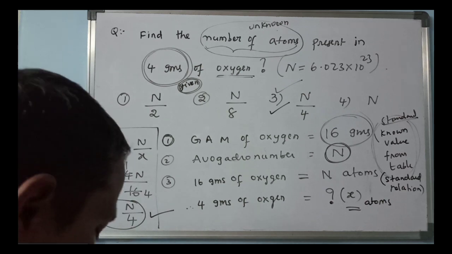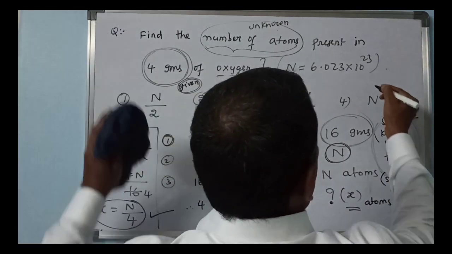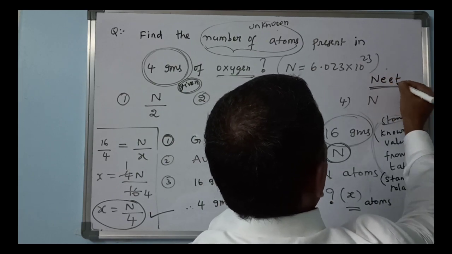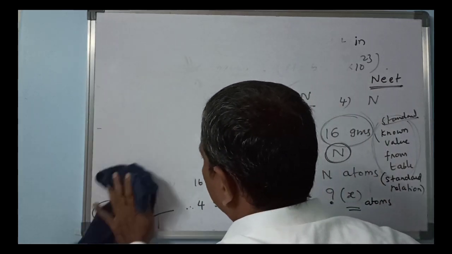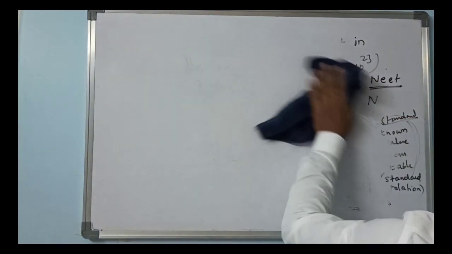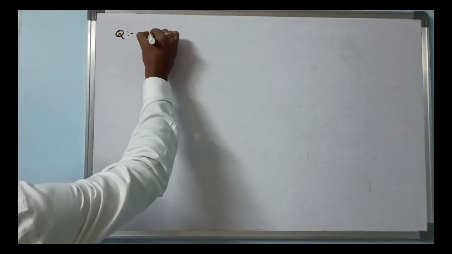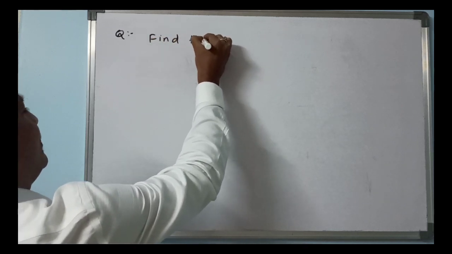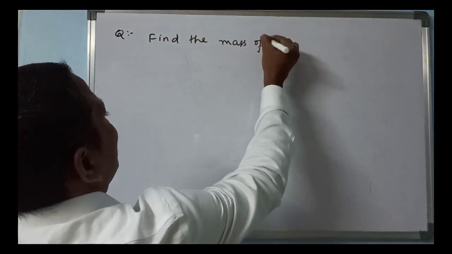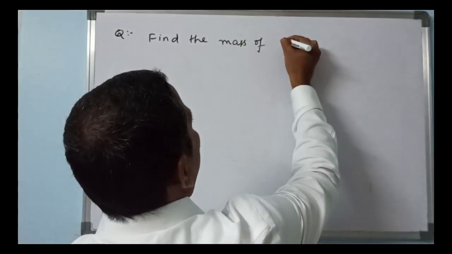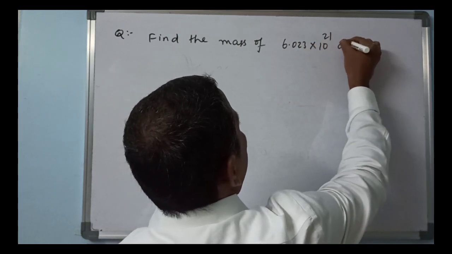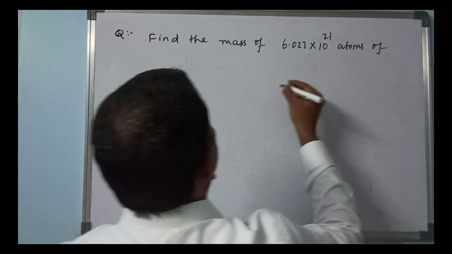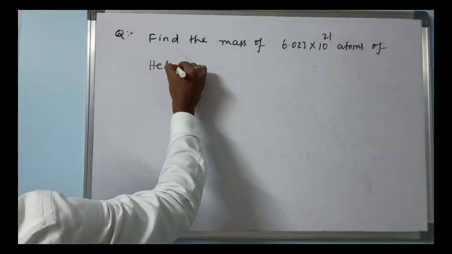See, I am writing one more problem. This is a NEET question, JEE Mains question, okay? Next. Find the mass of 6.023 into 10 power 21 atoms of helium.